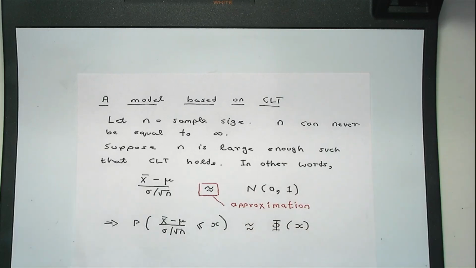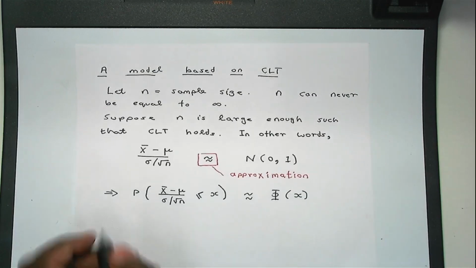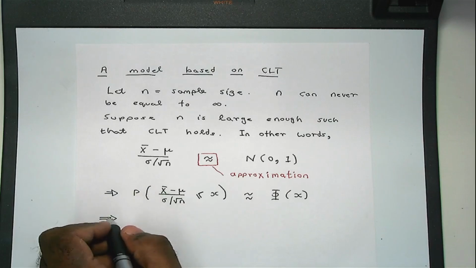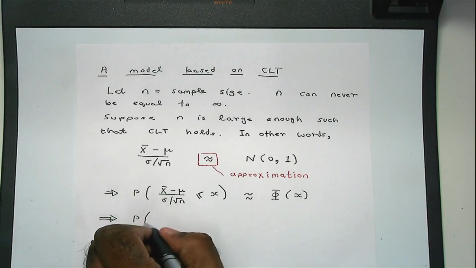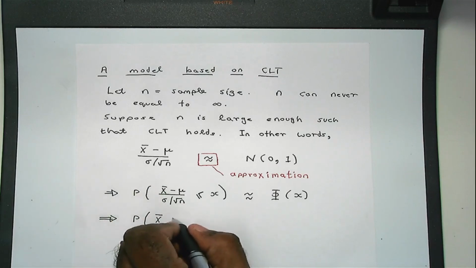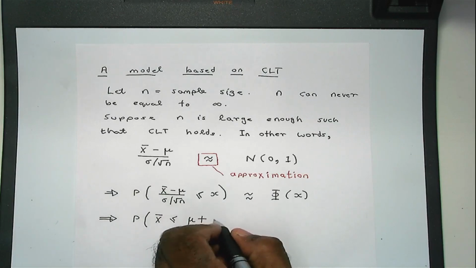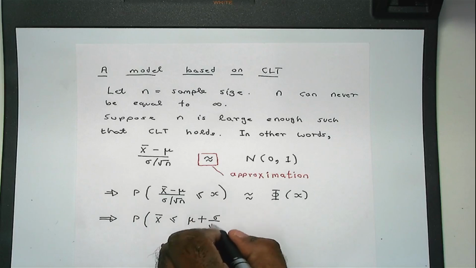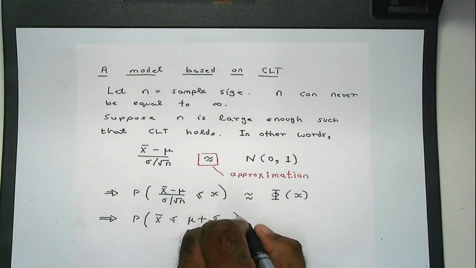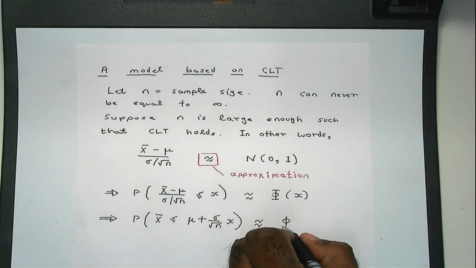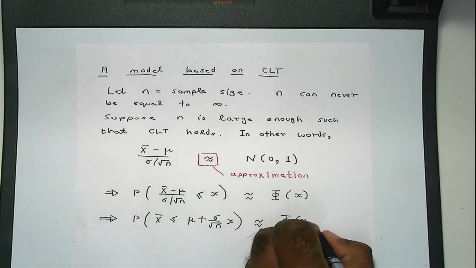Okay, so this implies that the probability that x bar is less than or equal to mu plus sigma by root of n times x is approximately equal to phi at x.